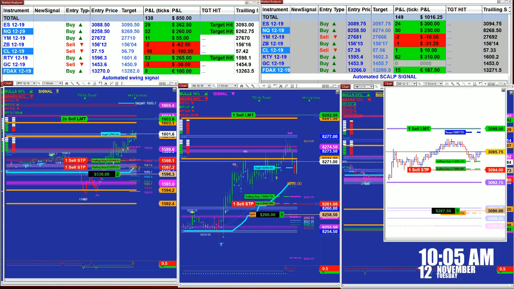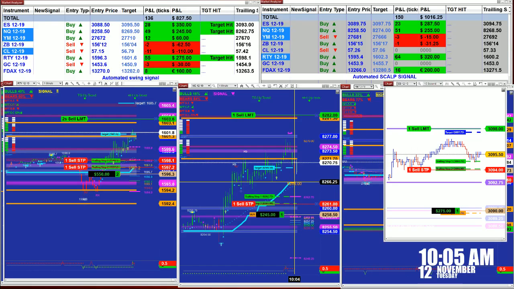The NASDAQ is going down to the 8266, and this is a re-entry point. There is no short. Be careful, guys.